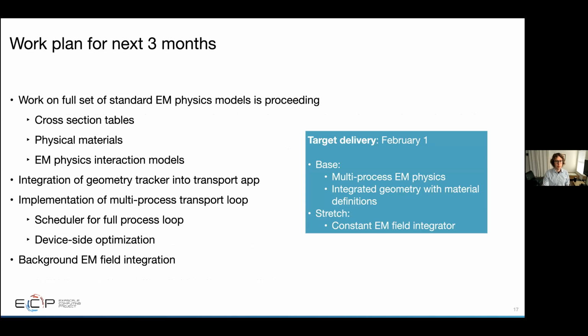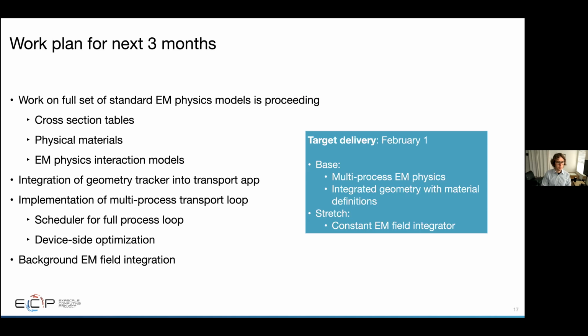So for the next couple of months, we're going to be continuing our work on the standard EM physics models, including pulling over the data from cross sections, implementing materials, and supporting tracking through multiple materials in a single model. We are going to be pulling the physics and geometry together into a transport loop, as well as supporting multiple processes at the same time.